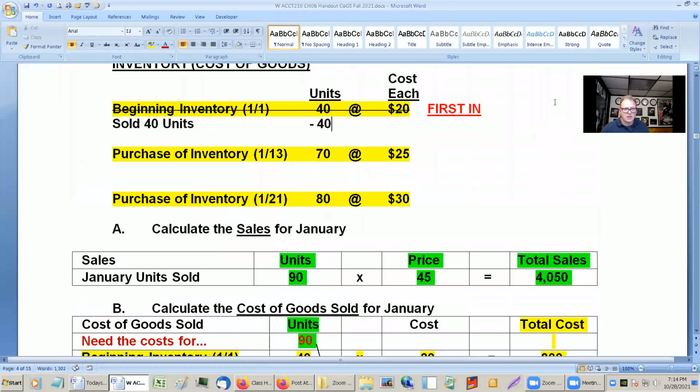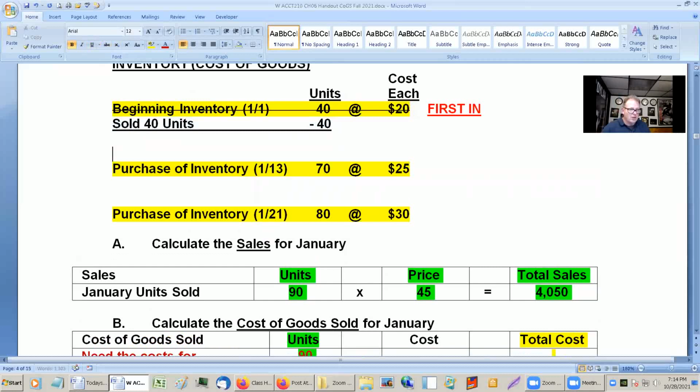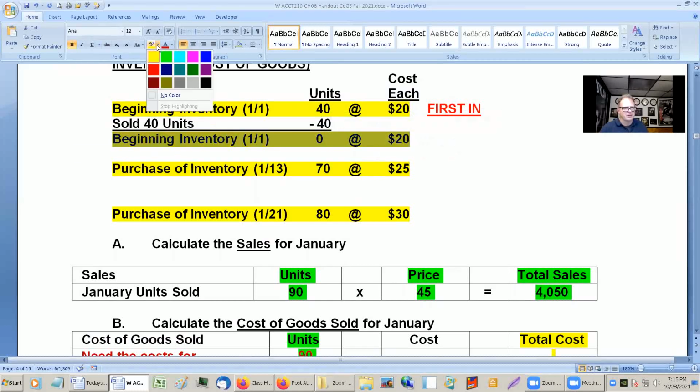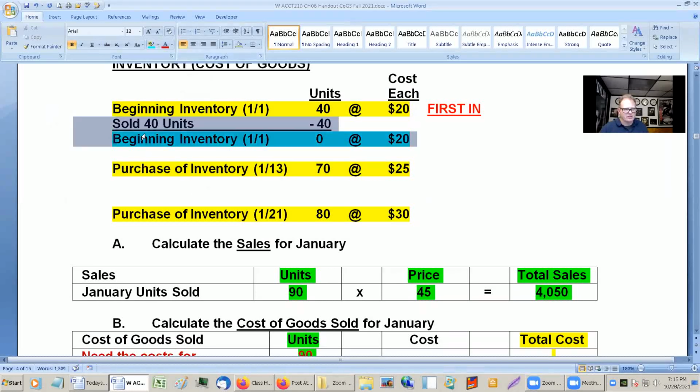This is gonna look silly, but hey, it ain't like I haven't looked silly before. So from this beginning inventory, there's 0 left. So this one's really gone. You don't have to put this in, by the way. I'm just kind of putting it all together, and we're gonna do the same thing down here.